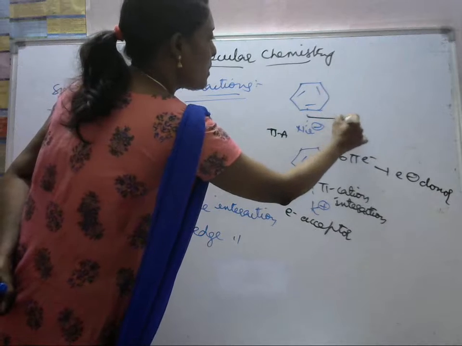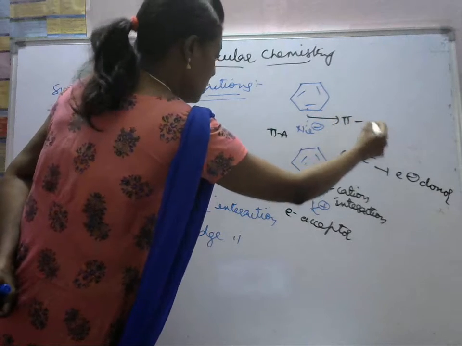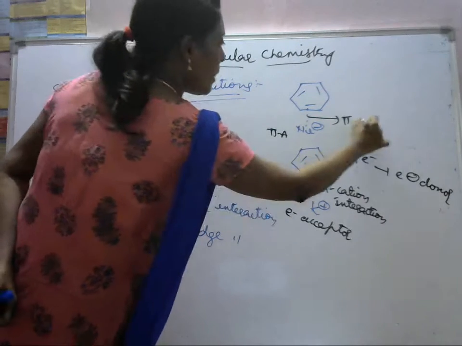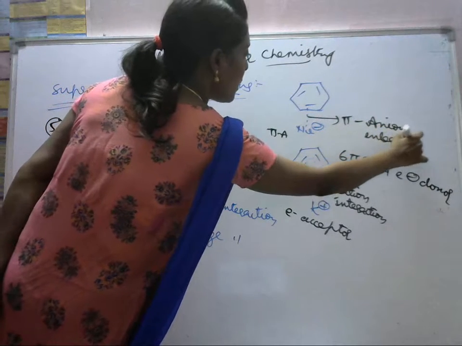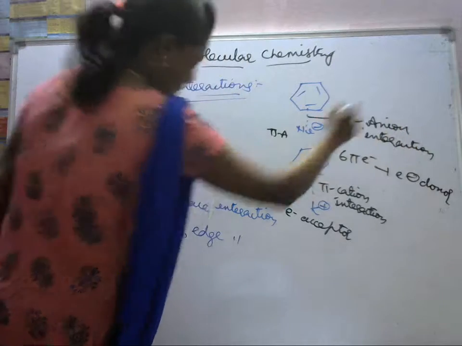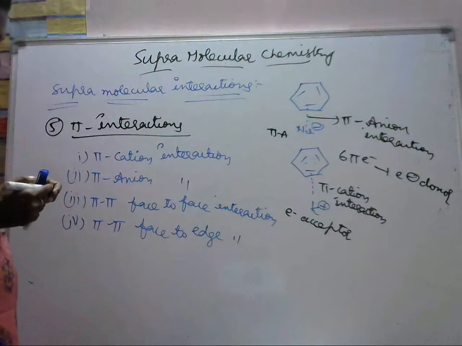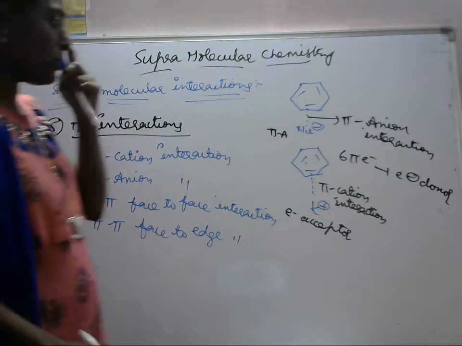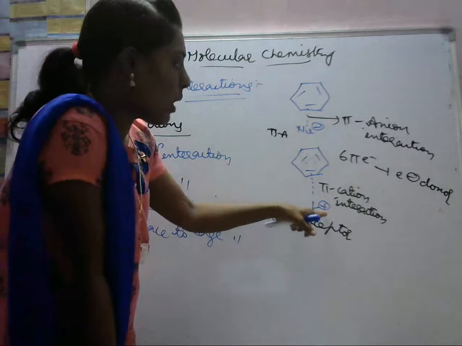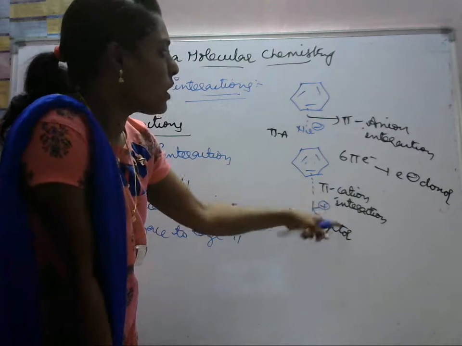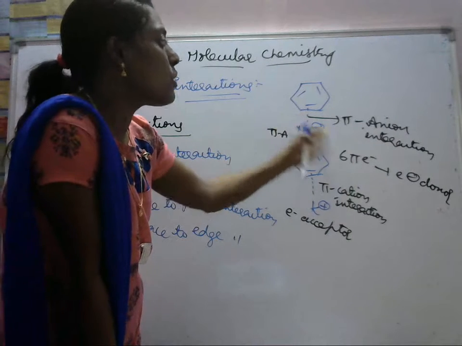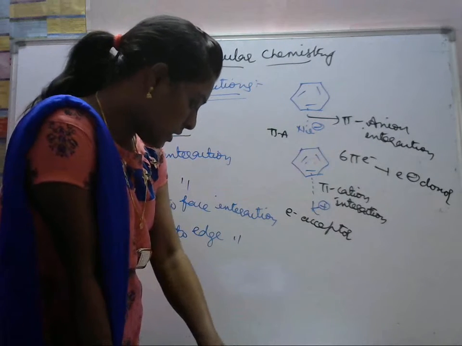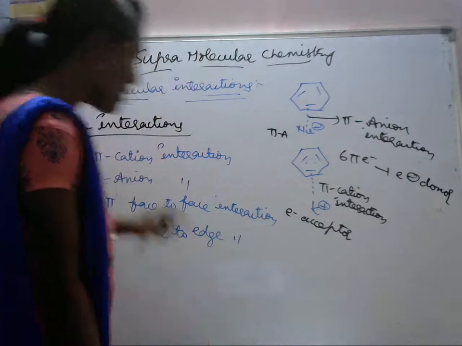That's why it is called pi to anion interaction. If it binds with the cation, it is called pi cation interaction. If it binds with the anion, which is a nucleophile, it is called pi to anion interactions.